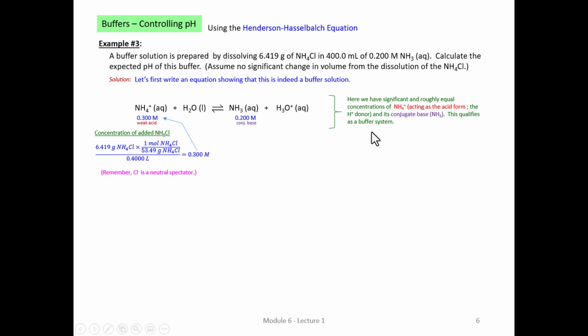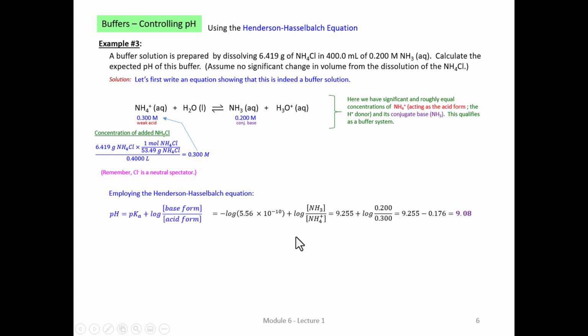Let's use the Henderson-Hasselbalch. The key thing to remember here is that the pKa means minus the log of the Ka of the acid form of the buffer. Sometimes you would have difficulty finding the Ka of ammonium ion in typical tables.